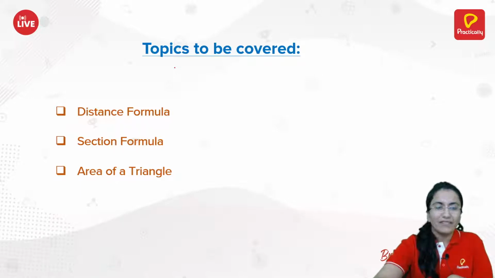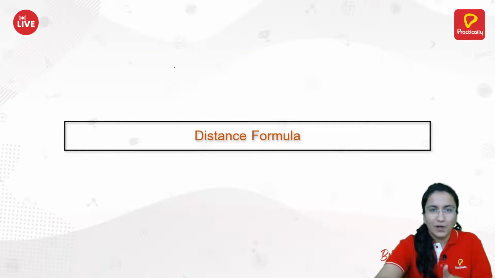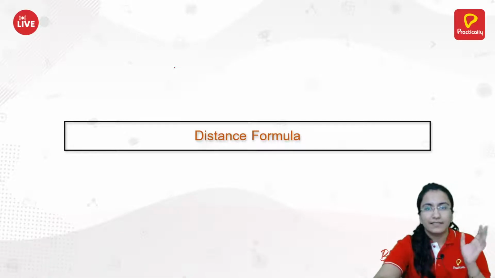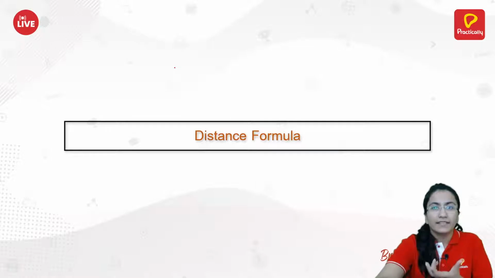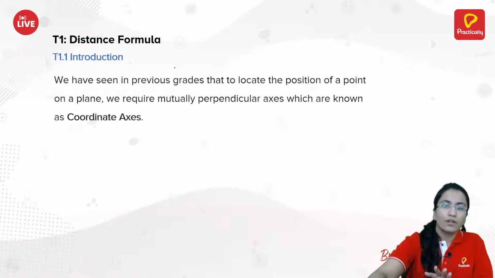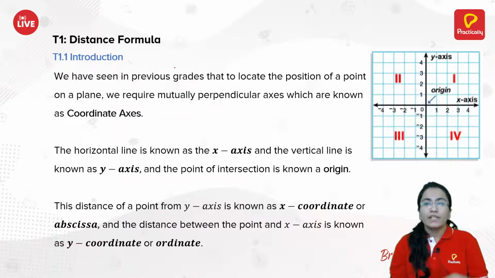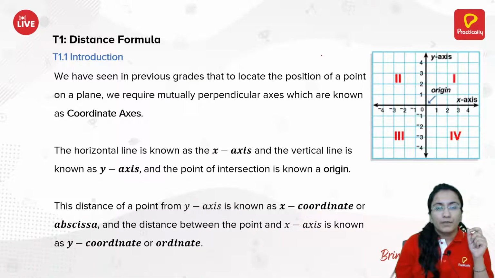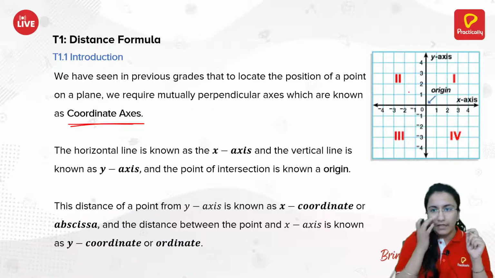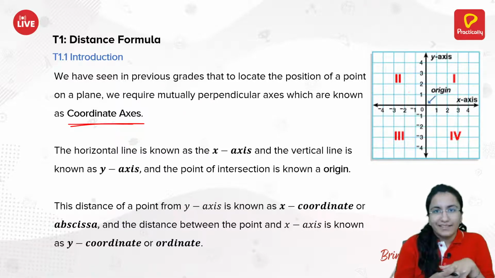Okay, so here's the first topic, that is the distance formula. Before that, let us just recall the things regarding coordinate geometry we need from grade 9th. You have already done coordinate geometry in grade 9th. There you understood that we have mutually perpendicular axes, known as coordinate axes.